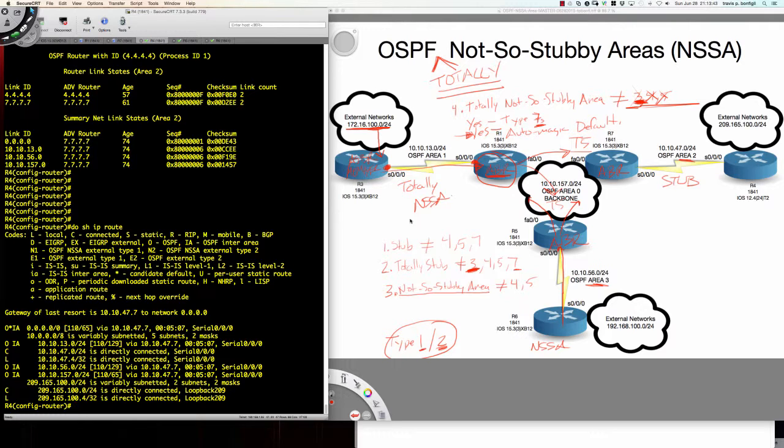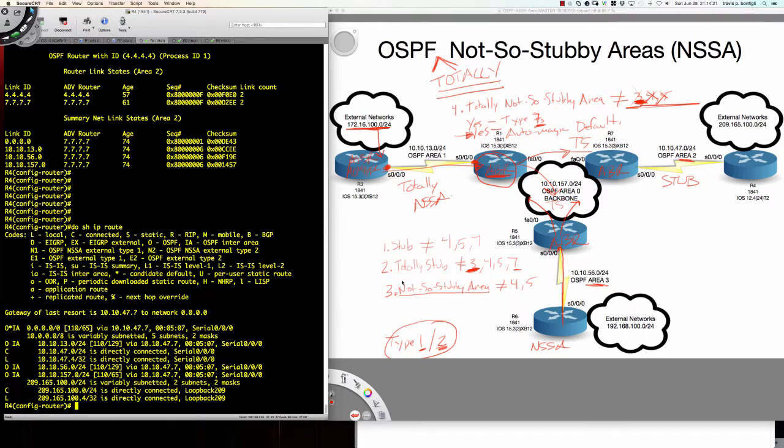And then finally, we wrapped up the OSPF stub area introduction here with the Totally Not-So-Stubby area. The Totally Not-So-Stubby area says that, yeah, I can do external routing sources, but I'm not going to allow in type 3s, type 4s, or type 5s. And I'm a little better than the Not-So-Stubby area because I'm going to go ahead and provide, by default, a type 3 inter-area default route, right?